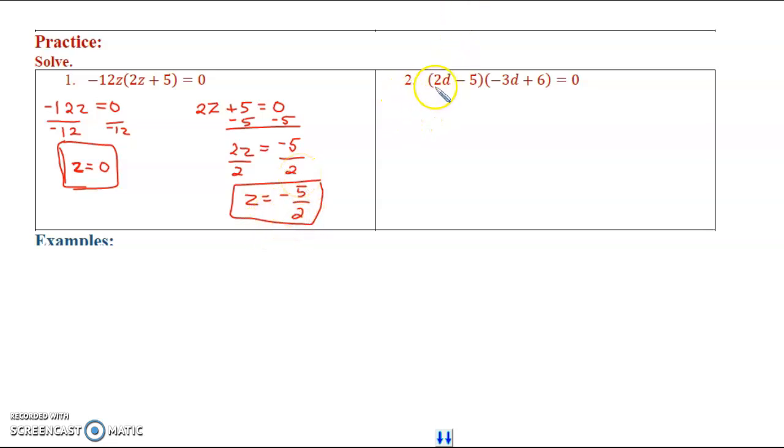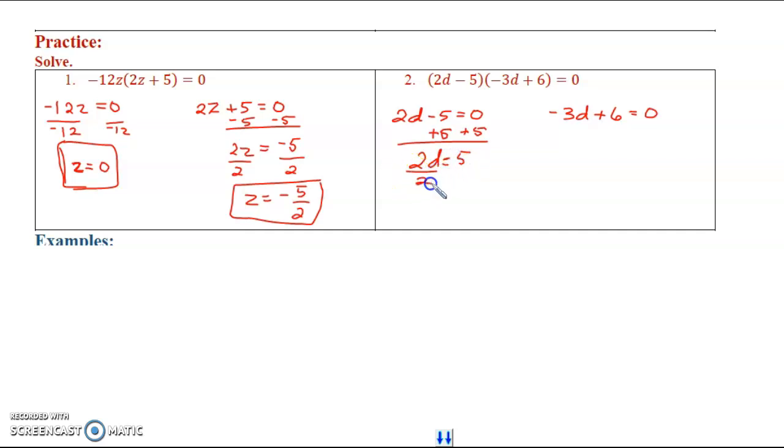Our next one we have is 2d minus 5 times 3d plus 6 equals 0. My two terms. Let's add 5. 2d equals 5.